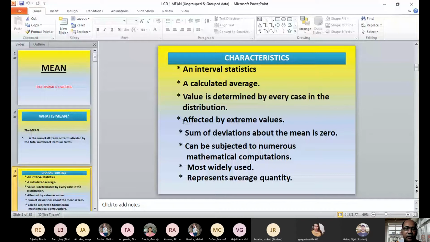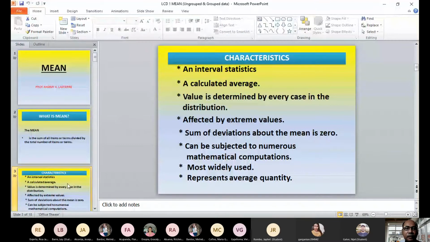Another one is that the sum of deviations about the mean is 0. It can be subjected to numerous mathematical computations. It is the most widely used, a common process, most especially in our research. It represents the average quantity.